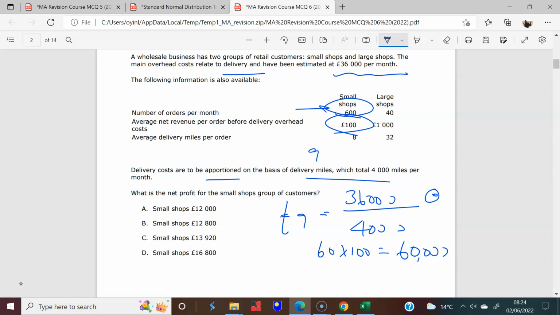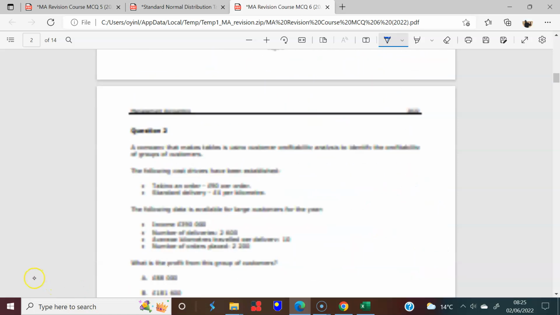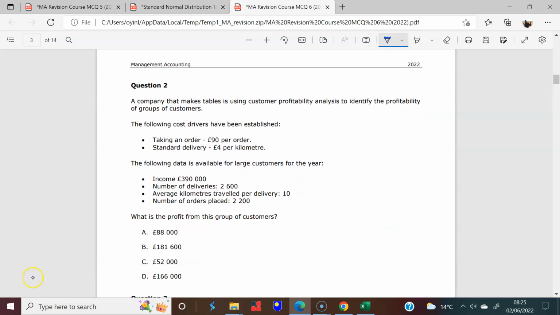And if you're charging £9 a mile, and you have 8 miles per order, and you have 600 orders, so that's 9 times 8 times 600, that's 43,200, which is the cost involved. Take that away from the 60,000, and that gives you the 16,800, and that takes us to D.